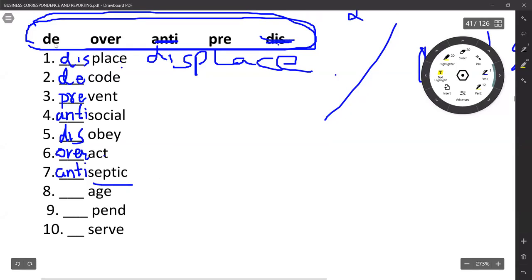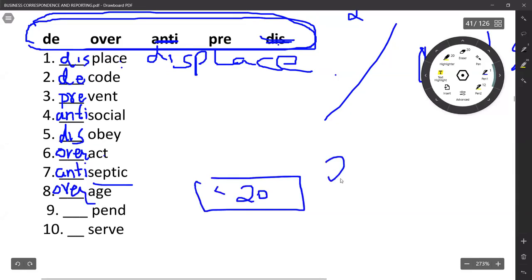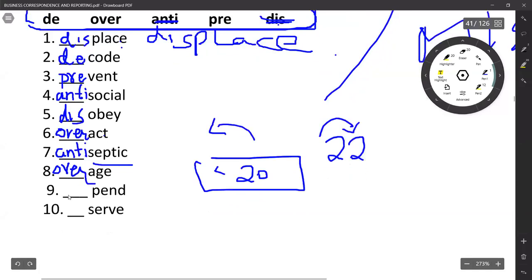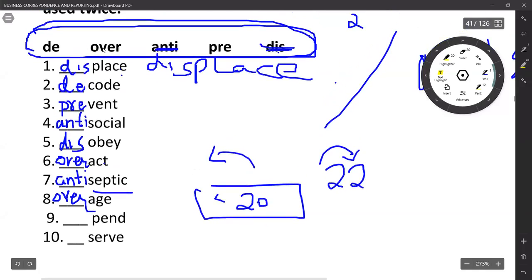You can't say de-age. You can't say pre-age. No, you will say overaged. For example, if the eligibility criteria, let's say for an exam is 20 years, only 20 years and below can apply. But you're, let's say 22, so you are overaged. Opposite of this would be underaged. Okay, pend. Correct. So over is also done now.